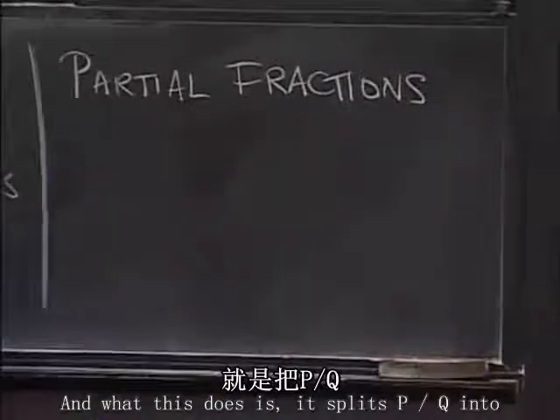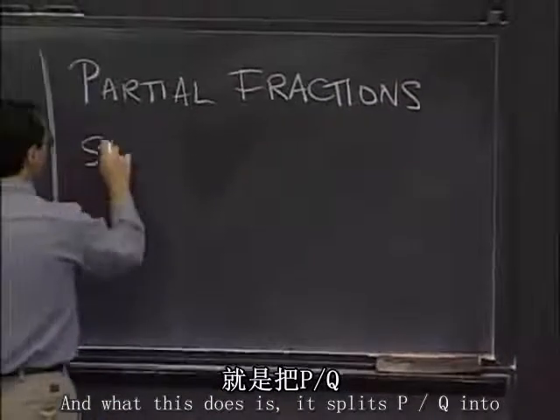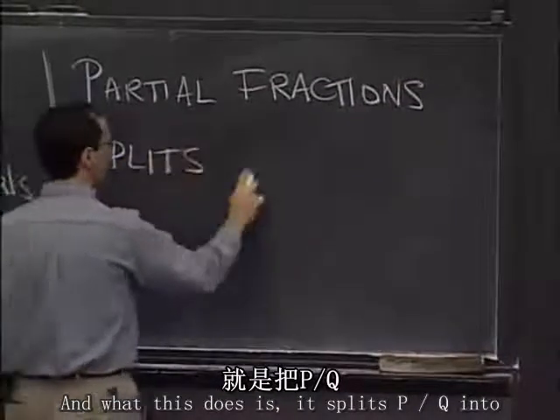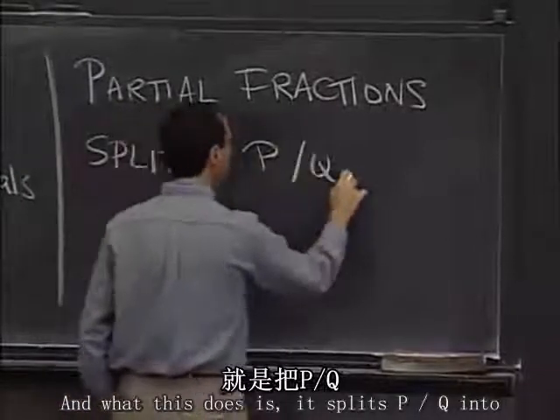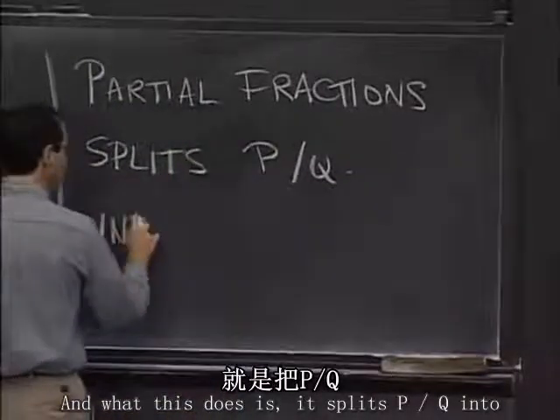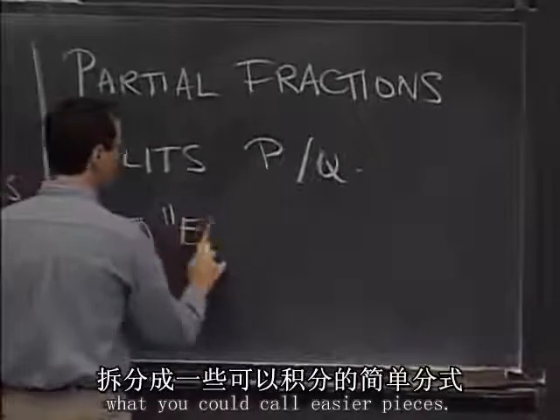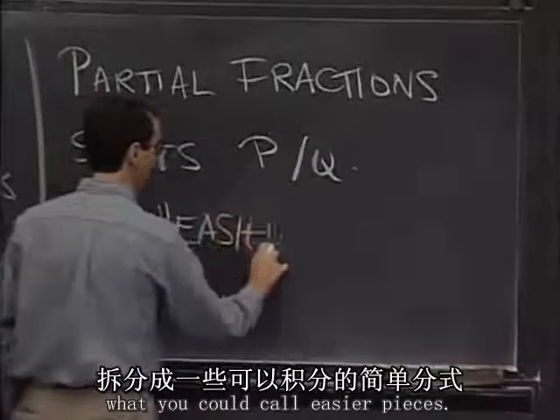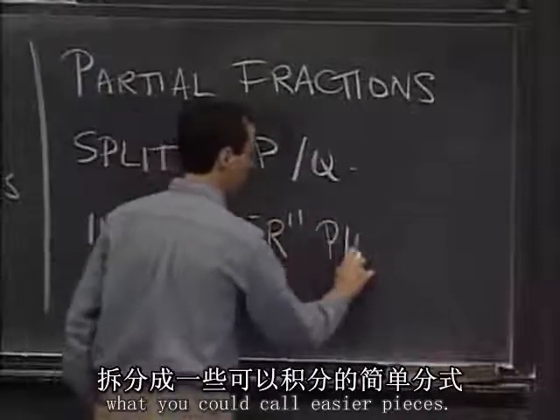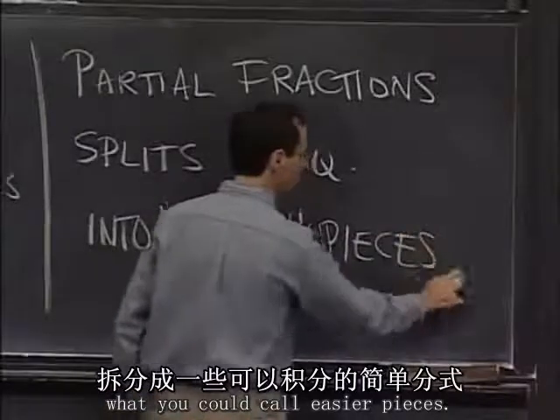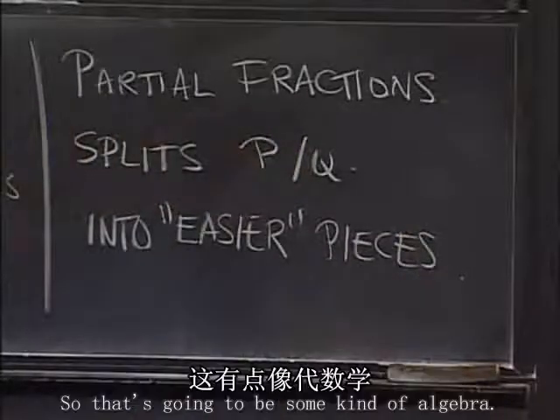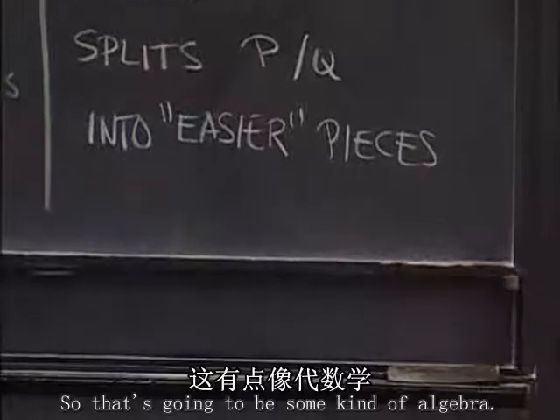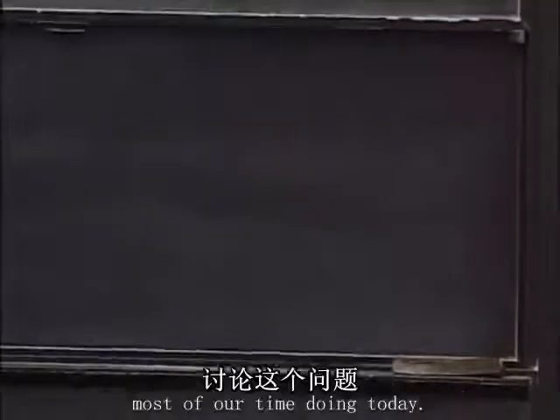And what this does is it splits p over q into what you could call easier pieces. All right, so that's going to be some kind of algebra, and that's what we're going to spend most of our time doing today.